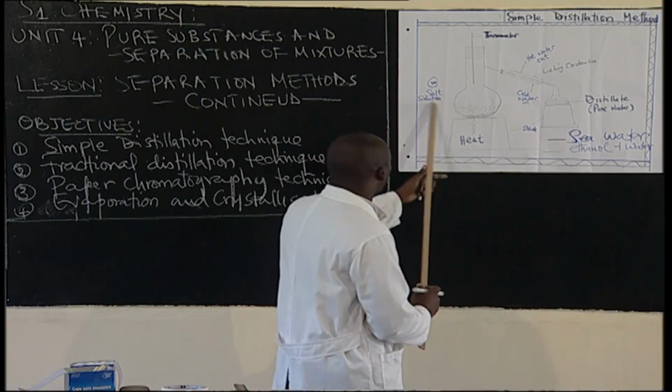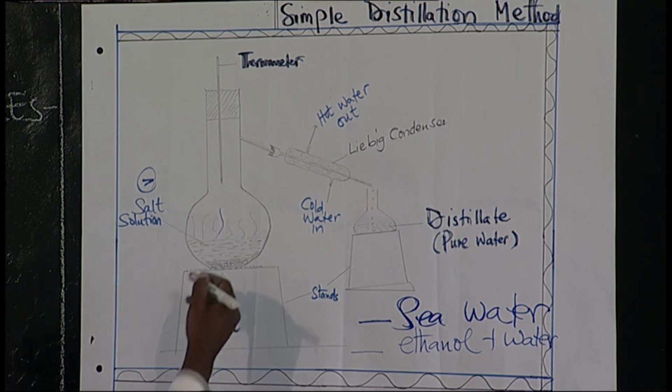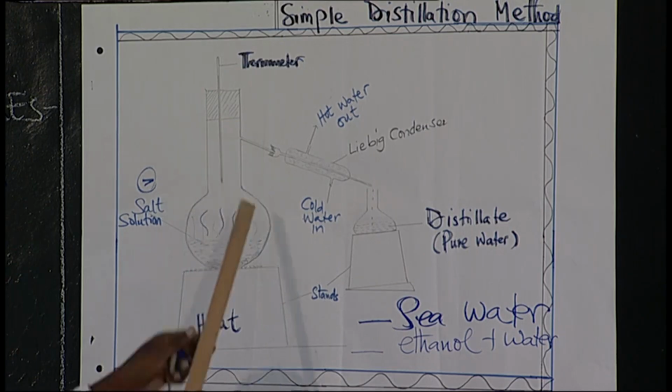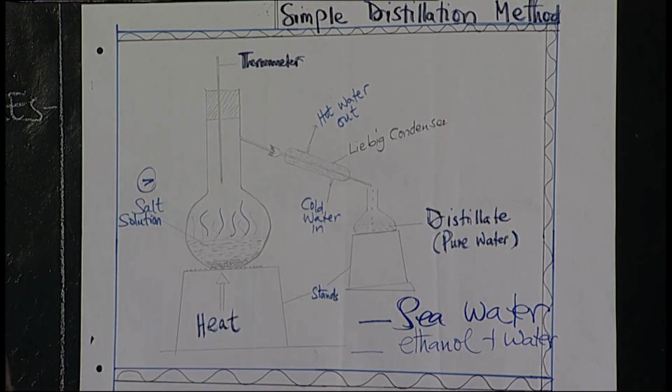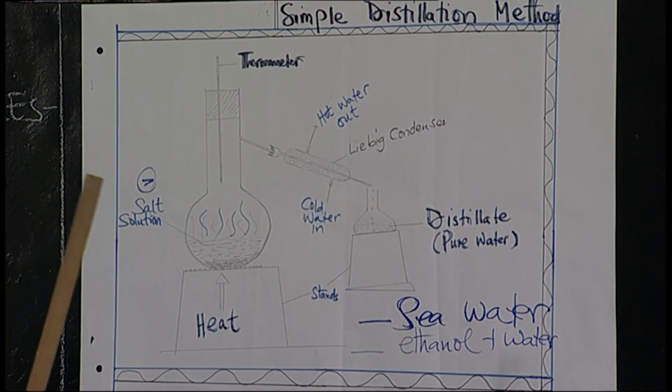When you heat the salt solution, the vapor of the water comes out and enters the Liebig condenser, where it is condensed.